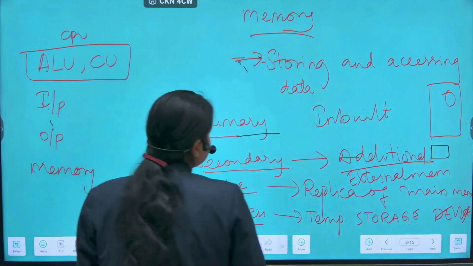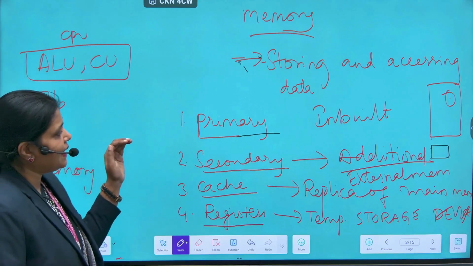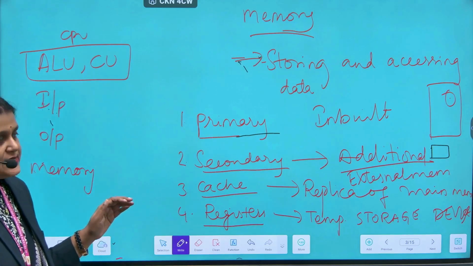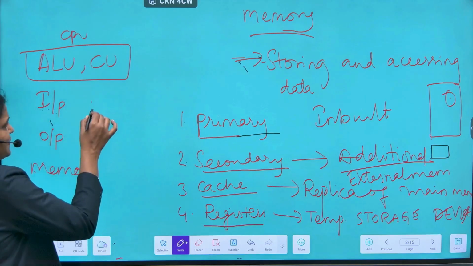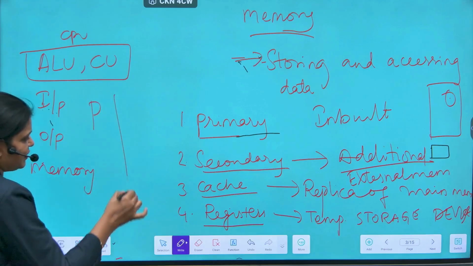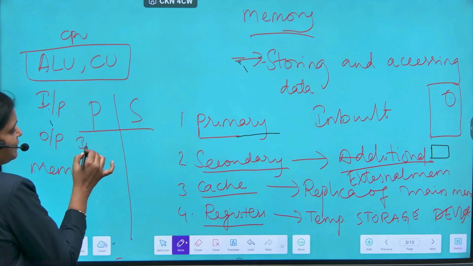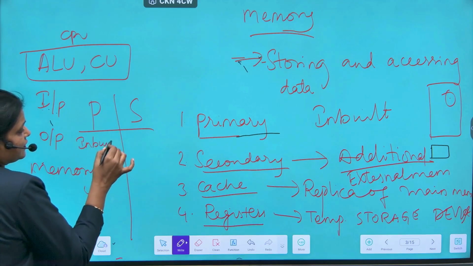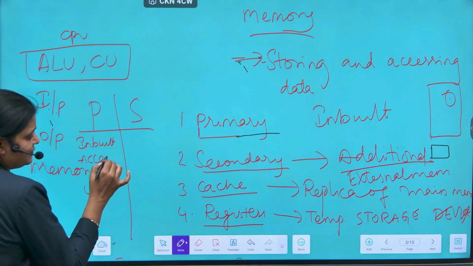Yes, so this is about memory. We will look into detail about primary memory, secondary memory, cache memory and registers. Primary memory is inbuilt memory. Because it is inbuilt, it can be accessed easily.